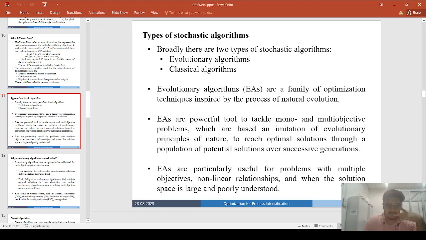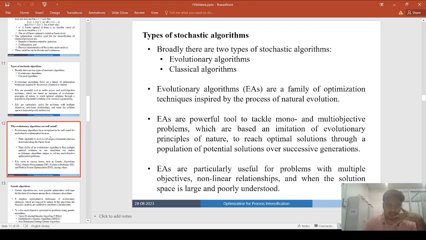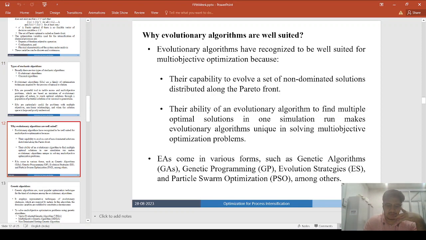Now we have discussed the classical algorithm, its limitations and its approach. So now we can discuss the advantages presented by the evolutionary algorithm, and why they are so well suited.